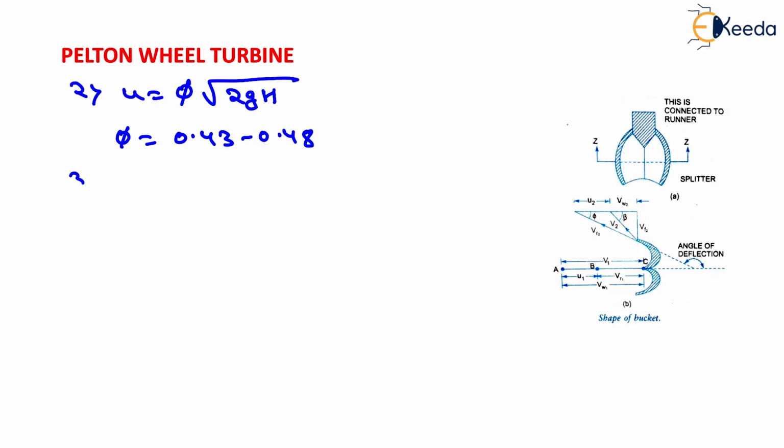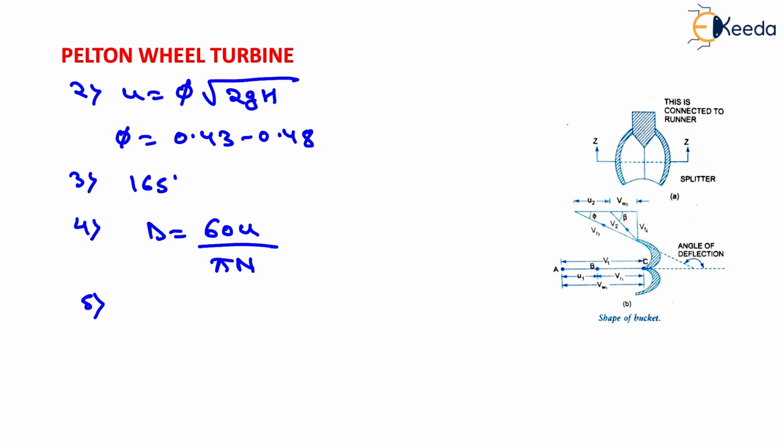The third important point is that the angle of deflection of the jet through the bucket is taken as 165 degrees if no angle of deflection is given. The fourth point is the mean diameter or pitch diameter D of the Pelton wheel, given by 60U upon pi N, which we find from the formula U equals pi D N upon 60. The fifth point is the jet ratio.